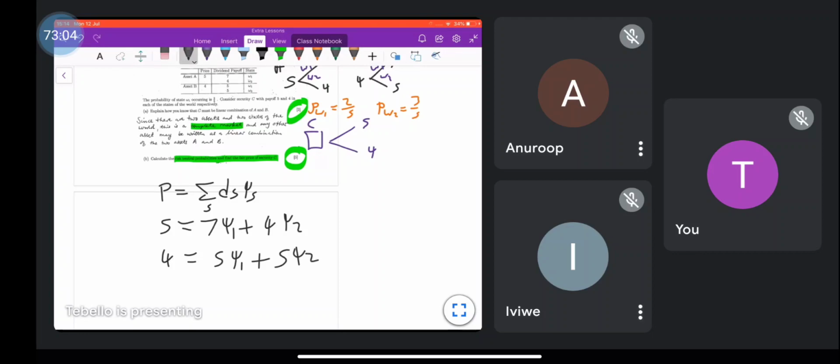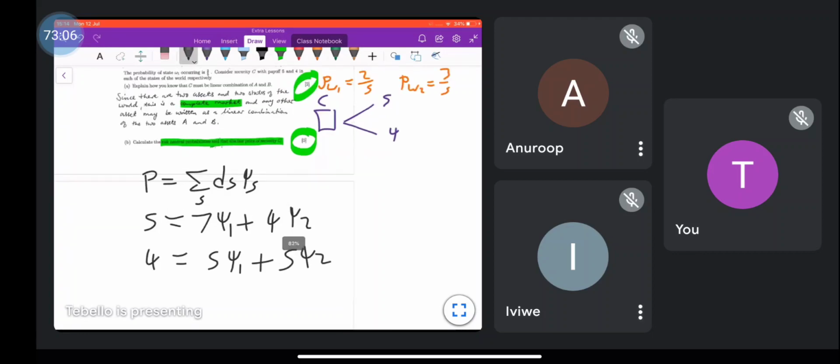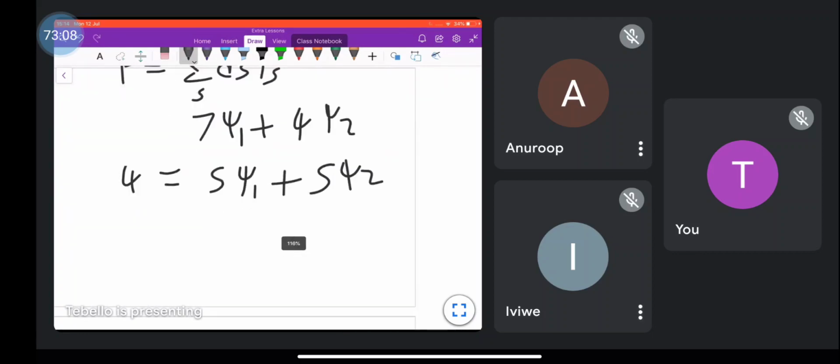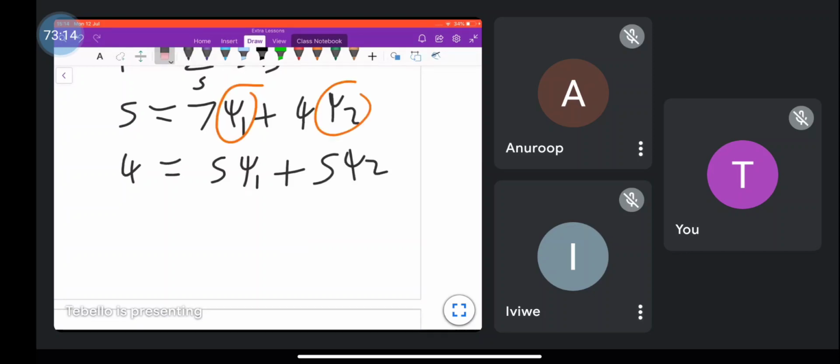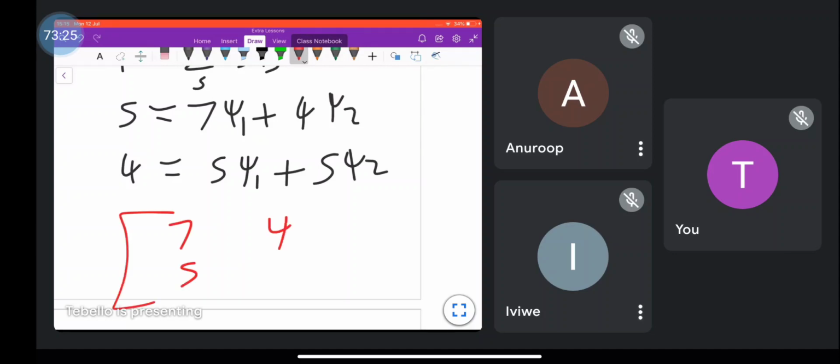And then you basically find these things over here. How do you solve for them? You have 7, 4, 5, and 5, 5, 4. How do you solve your matrix?